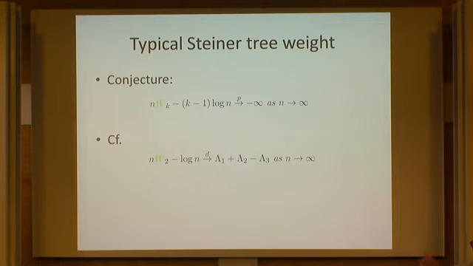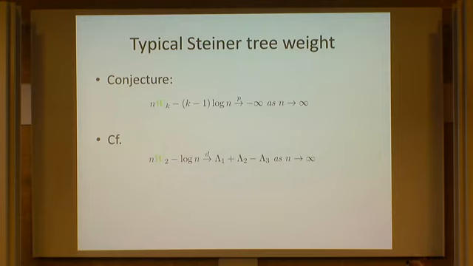Whereas in a Steiner tree, you have a lot more choice of these internal branching nodes over which you optimize. And because you're minimizing over a bigger set, you can expect to get a smaller minimum. That very loosely suggests you might get bigger fluctuations from typical behavior.